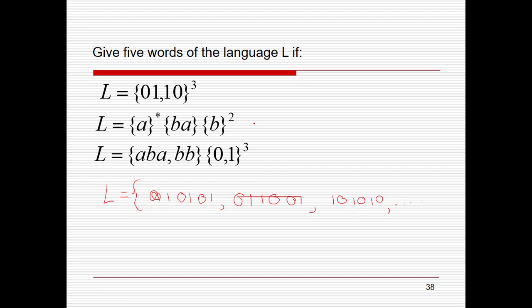The second one would, for instance, have, okay, A star. What does that mean? Well, in fact, it just says you can choose 0 times or 1 time or 2 times or 3 times from this language with only the word A in it. So let's choose for the first time. I pick 2 times A. Then I have to add BA.